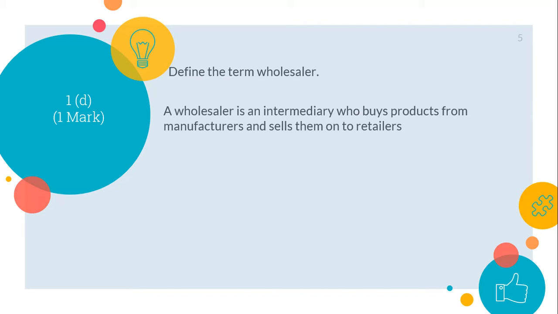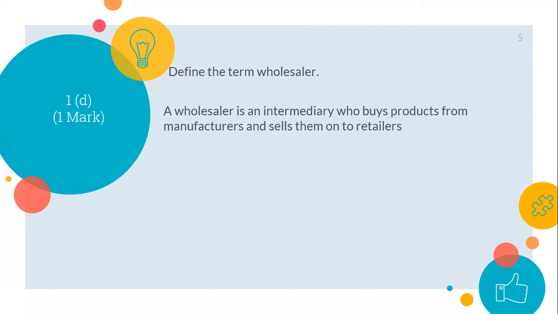The next question, define the term wholesaler. It's a 1 mark question. It's a definition question, so pay close attention to the term define. You are not expected to give an example and you are supposed to write for exactly 1 mark.